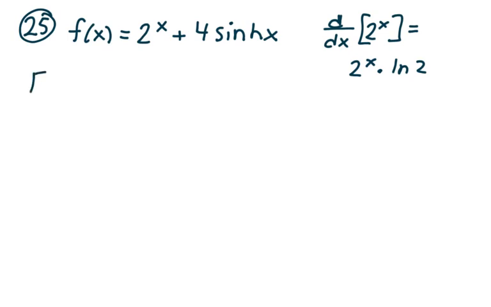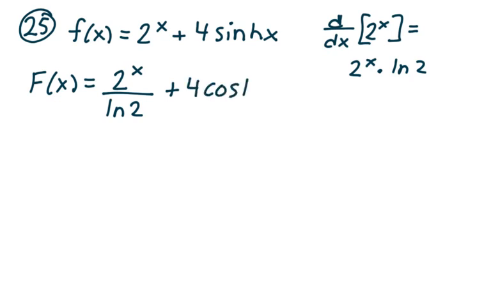And so if I want capital F of x, instead of multiplying by natural log of 2, I'm going to divide by natural log of 2. So I get 2 to the x over the natural log of 2. And that'll make sense if you try to differentiate that. Okay? And then we're going to add 4 times the hyperbolic cosine of x plus c. That's a good problem.